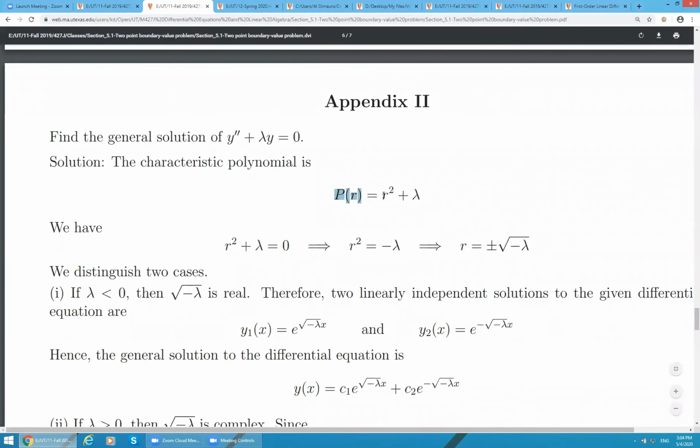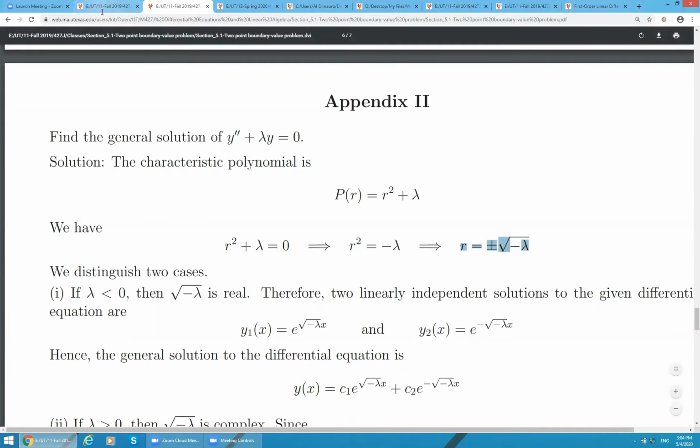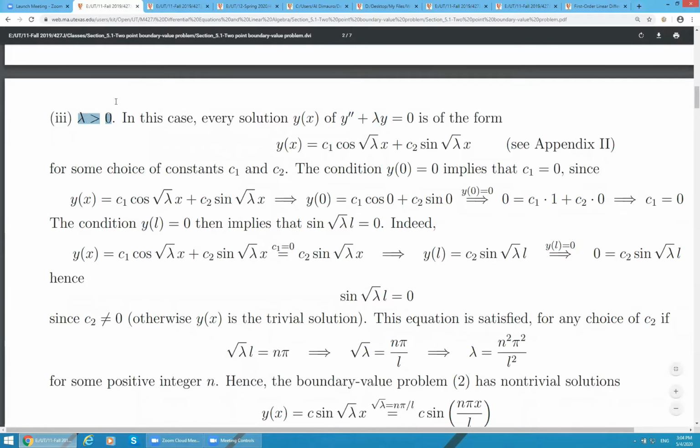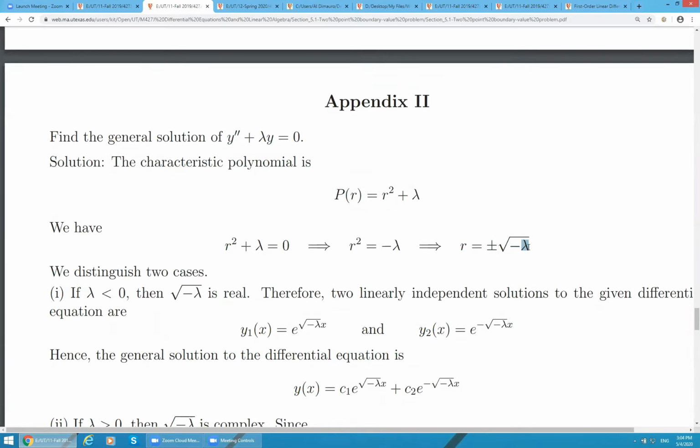Step 1, find the characteristic polynomial of this equation. Then move lambda to the right, and then take square root of both sides. Note that since lambda is greater than 0, the expression is complex.